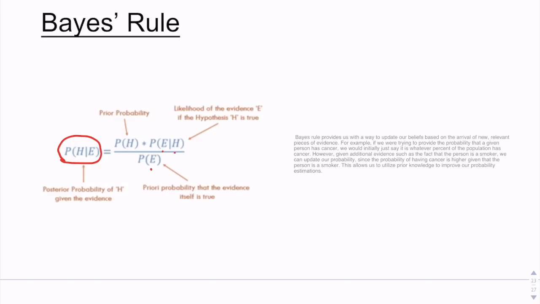And P of E given H is called the likelihood. And P of E is the probability of the evidence itself. So E is evidence, the probability of evidence. H is the hypothesis. We want to make a hypothesis.